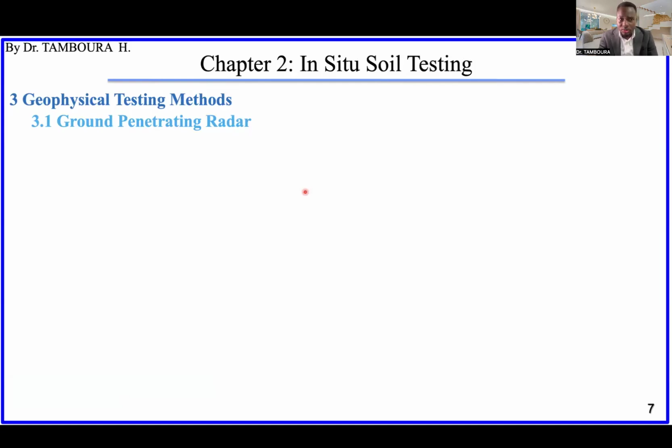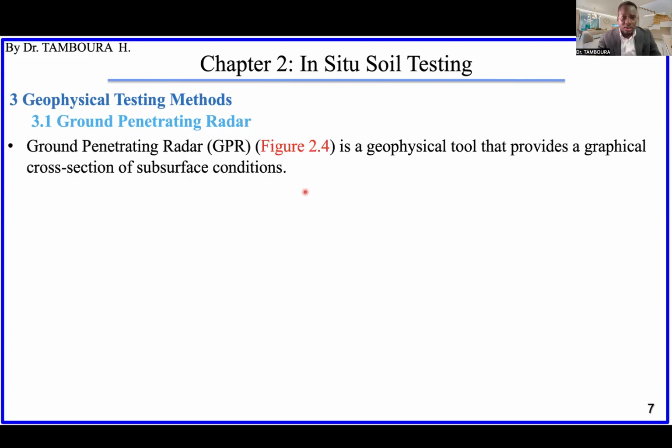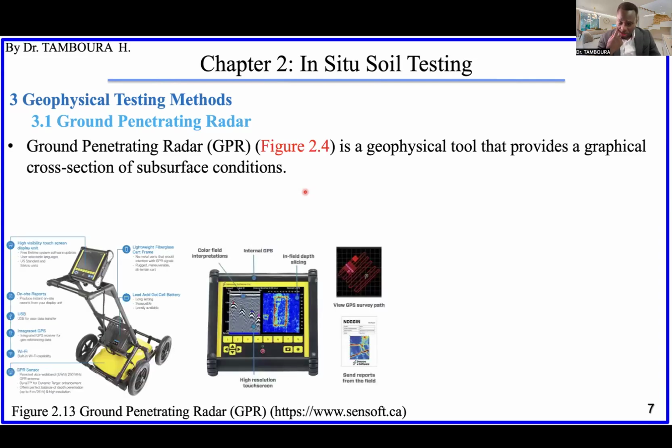The first one is ground penetrating radar. This ground penetrating radar is shown in this figure. This is just an example. You can find many types, but this is a typical one. I will call it GPR.